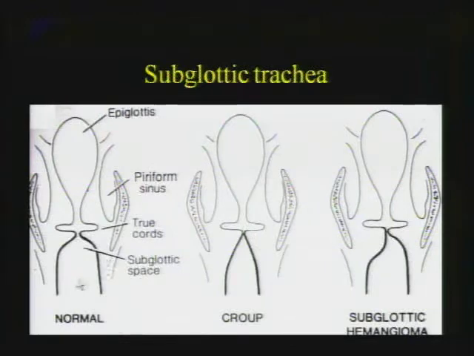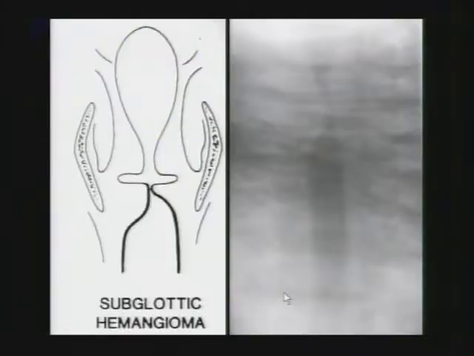In this schematic diagram, you can see the normal shoulder of the subglottic trachea, and here the typical tapered symmetric narrowing of the subglottic space in croup. If you see anything that is not completely symmetric and tapered, you have to be concerned that it could be something else, such as a subglottic hemangioma.